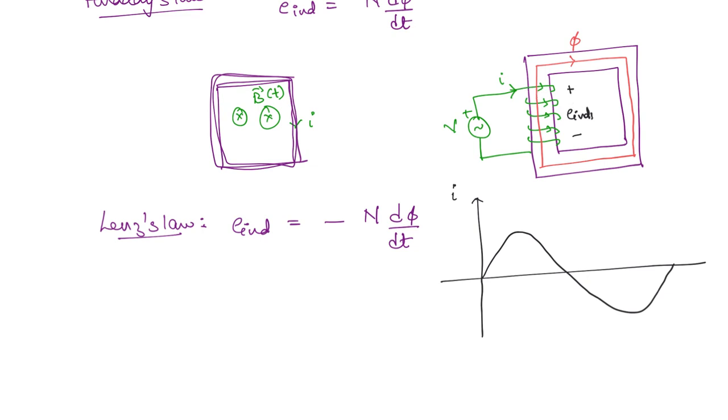If you consider the entire winding as some sort of a voltage source, then the current will be driven in this direction, right? If this is the positive polarity, it will drive current in this direction. If current is driving in this direction, then it is opposing this already existing current. That means it is opposing the flux.